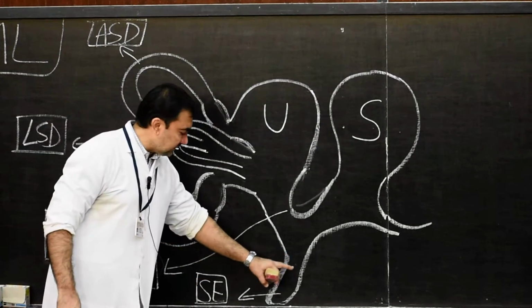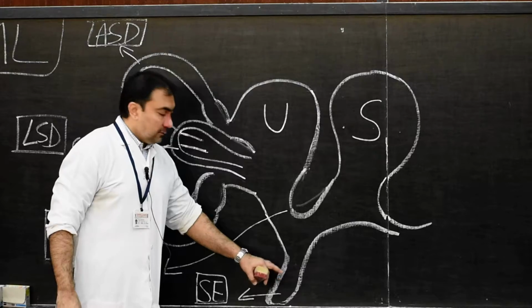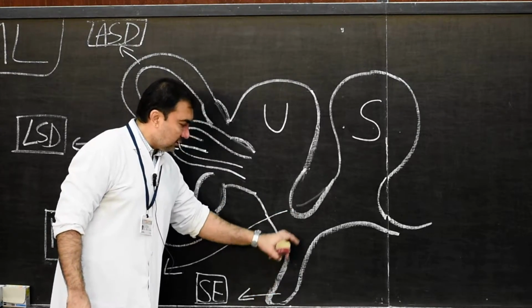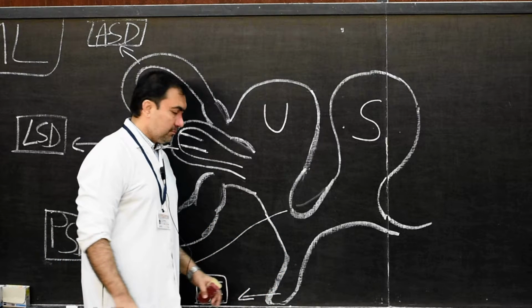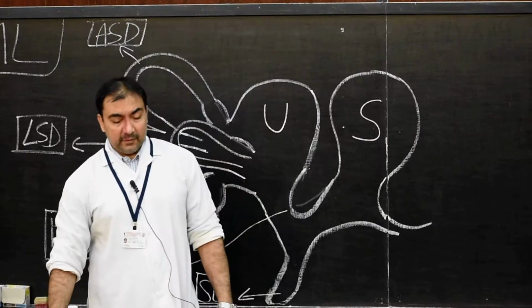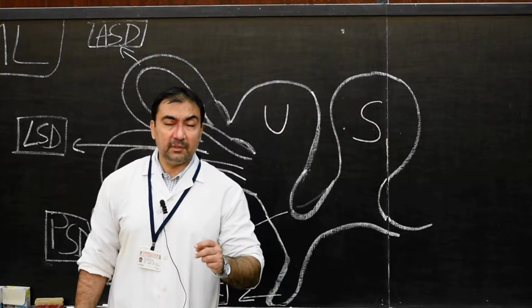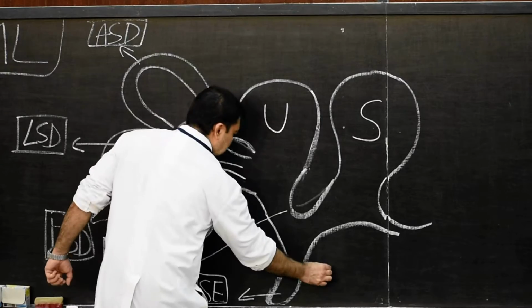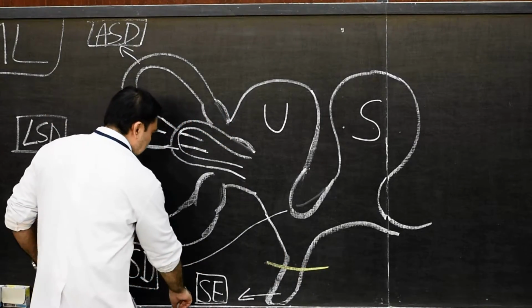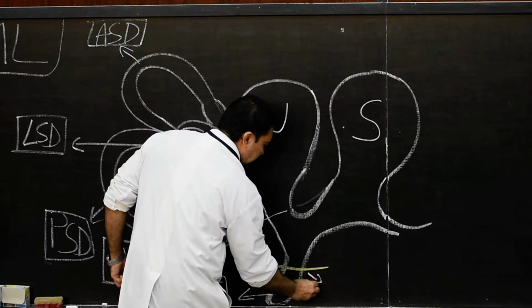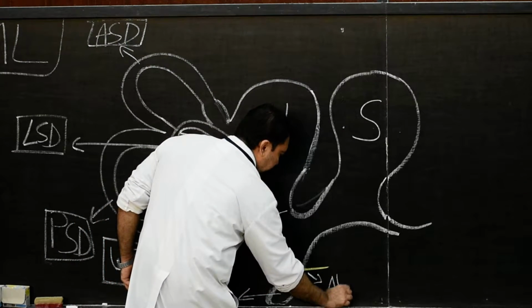So ductus and saccus endolymphaticus will be an outpouching of membranous labyrinth of utriculosaccular duct. Remember, we have discussed this. They will form an outpouching through aqueduct of vestibule. So therefore, this will be known as the aqueduct of vestibule.